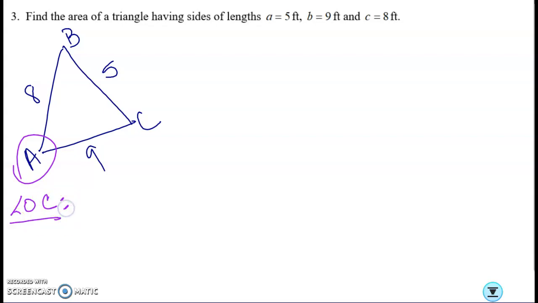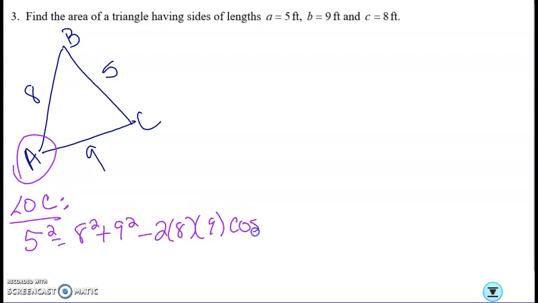So you got to go back to your law of cosines formula, which would be 5 squared equals 8 squared plus 9 squared minus 2 times 8 times 9 times the cosine of A. You're going to put in your calculator 5 squared minus 8 squared minus 9 squared. You're going to divide that by this product, and you're going to take the inverse cosine. And when I took the inverse cosine, I got 33.6 degrees for A.